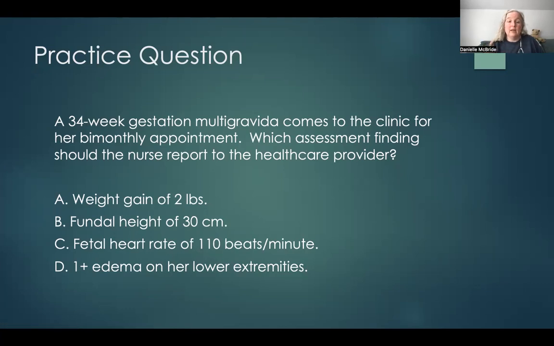So if we minus 2 from 34, that's 32, but this is 30. So that's small. Fetal heart rate of 110. Normal is 110 to 160. So that's okay. 1 plus edema in our lower extremities is okay. So B is what we're worried about, that fundal height.